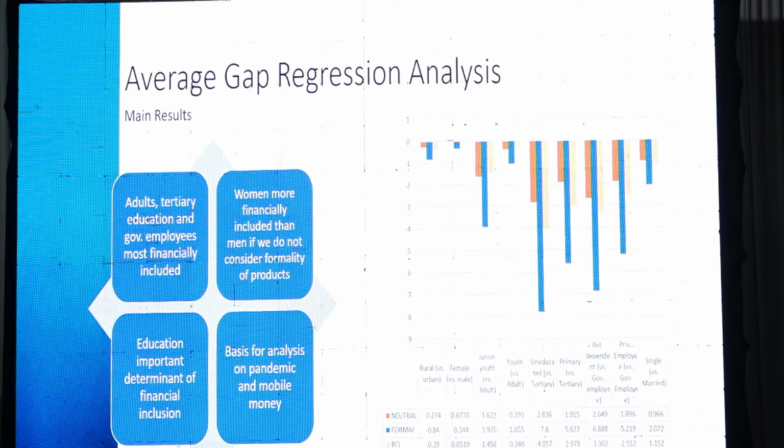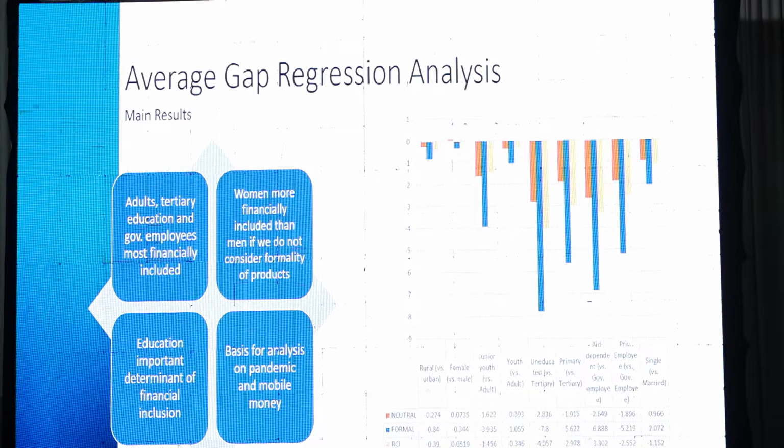So, good morning again. So here what we have been trying to do is to analyze each population characteristic by holding the other population characteristics constant. And what we notice is that there are still some characteristics that play a major role. For example, age is very important. So the junior youth versus adult in terms of financial inclusion, as well as education is still a very important characteristic.